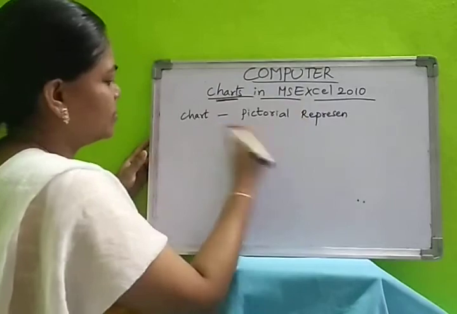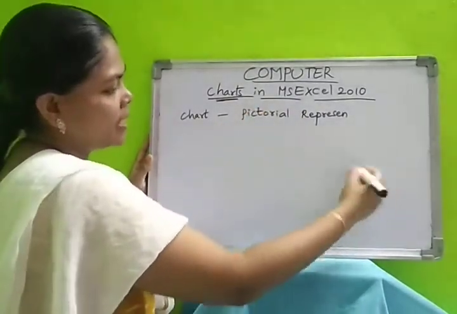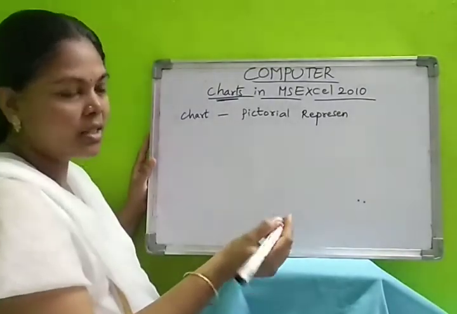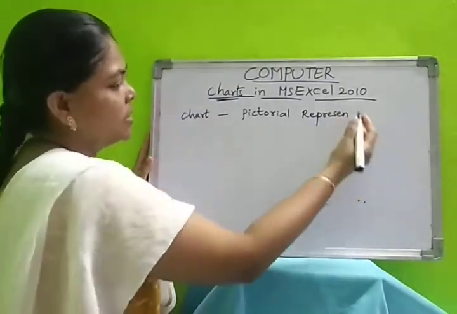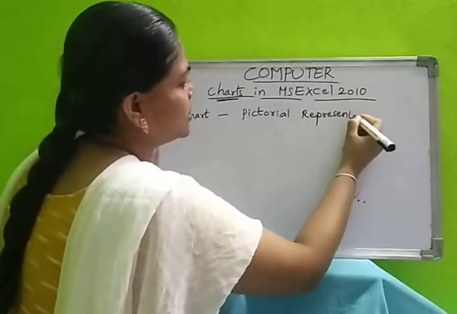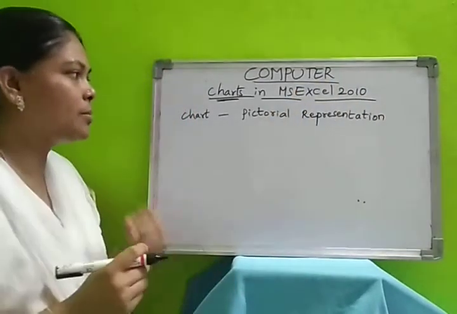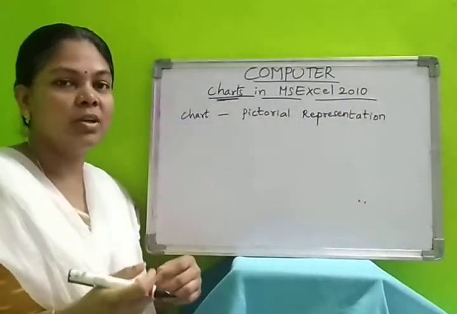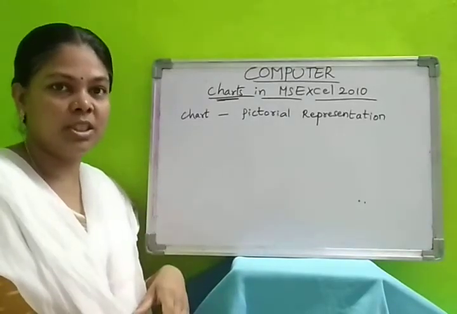If you write so many things, maybe they can't understand. If you give the graph or the chart, then we can see the values and we can say what the values are, what the result is. Okay? Suppose there are companies. What will they do? They take last year's profit and this year's profit.